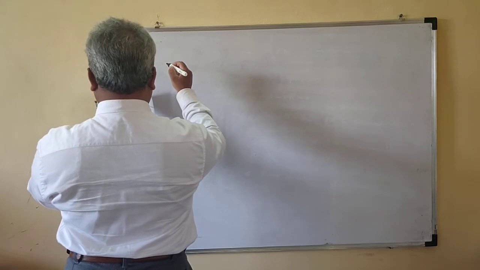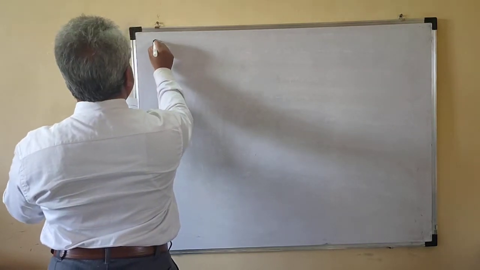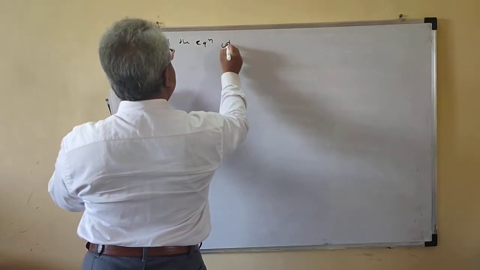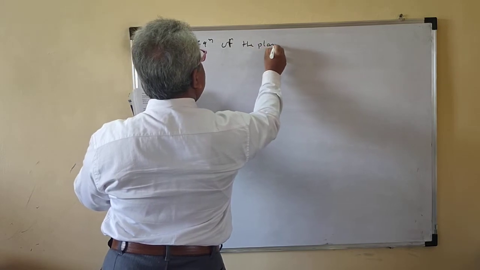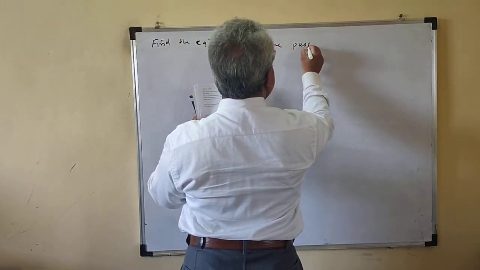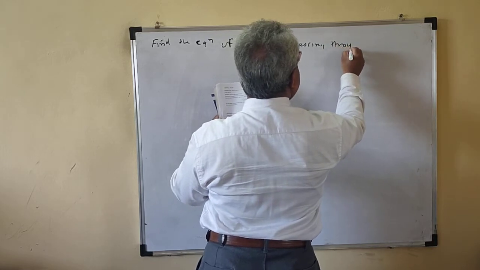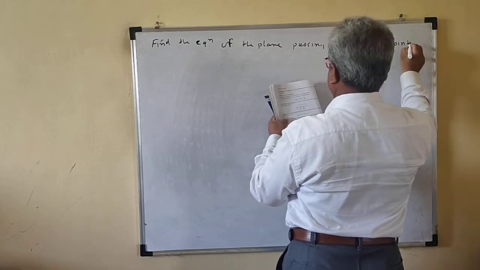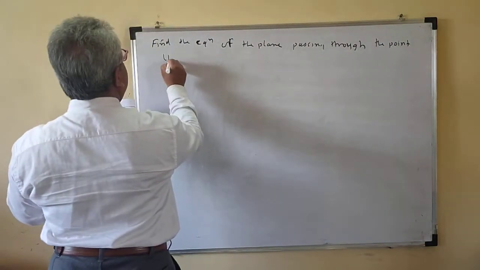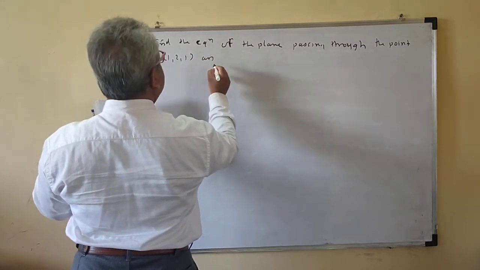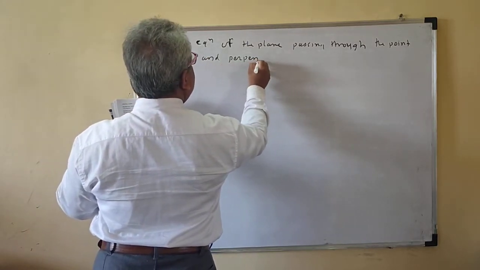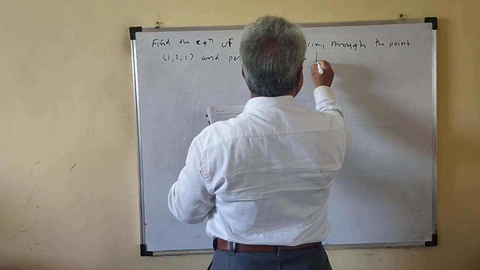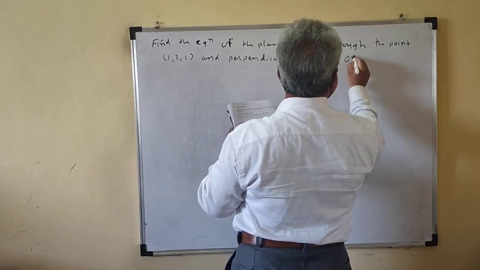Okay, so we'll take an example. Find the equation of the plane passing through the point P(1, 2, 1) and perpendicular to the line OP.